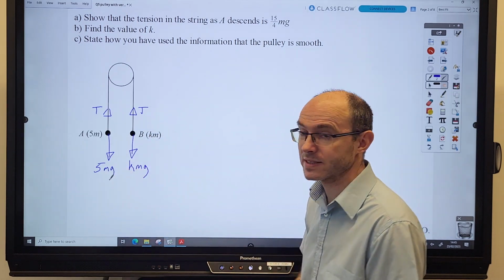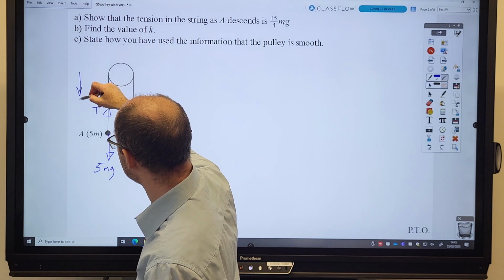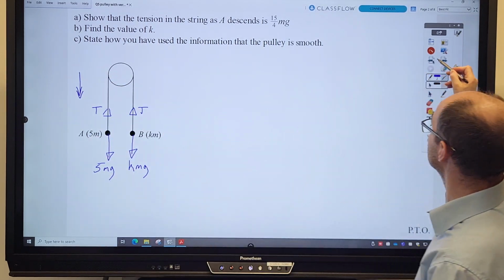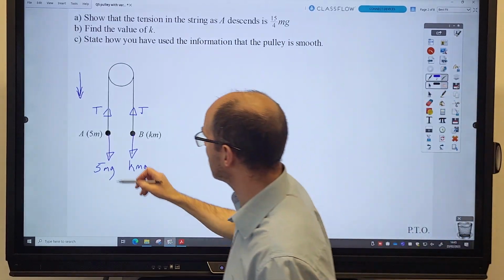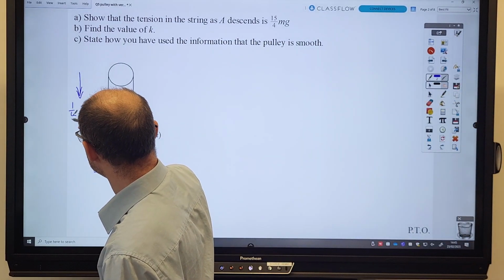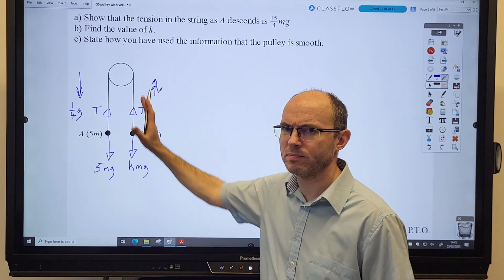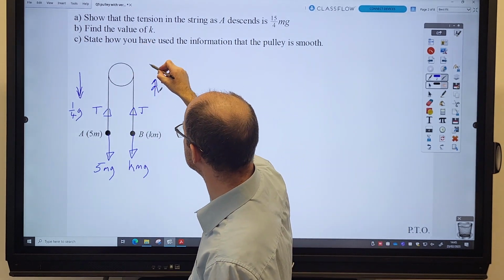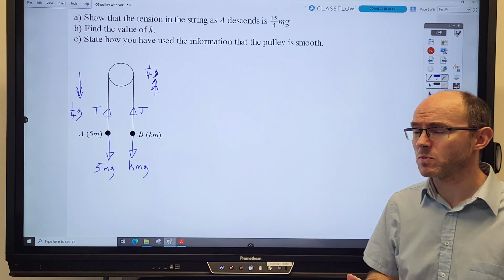And what happens is it accelerates downwards, doesn't it? So there's a downwards acceleration, and let's quickly have a look at what that was again. So 1/4 g. I'm going to do an acceleration arrow on this side because B is going to be going upwards, so that's the same rate, 1/4 g. And what we'll do is set up some equations and solve them.